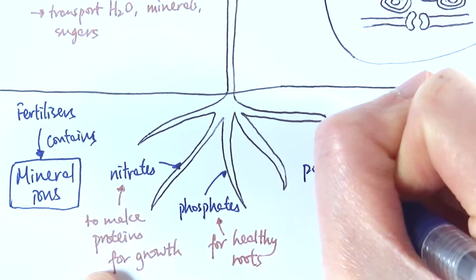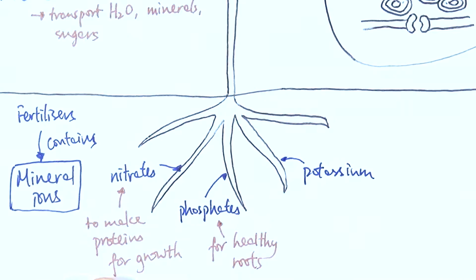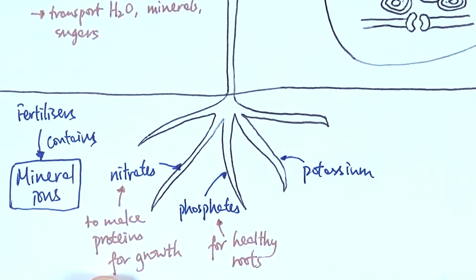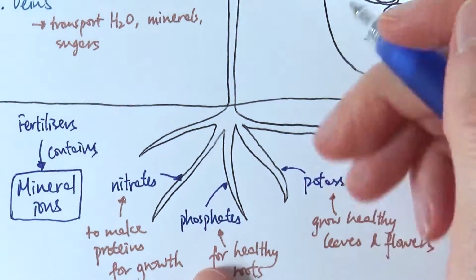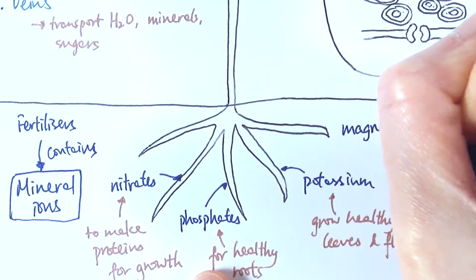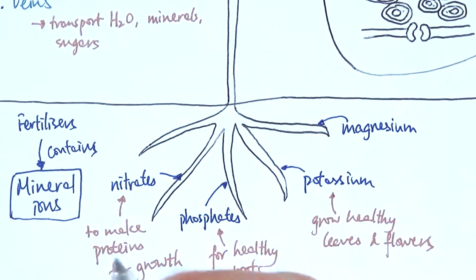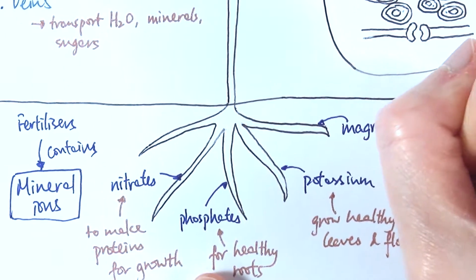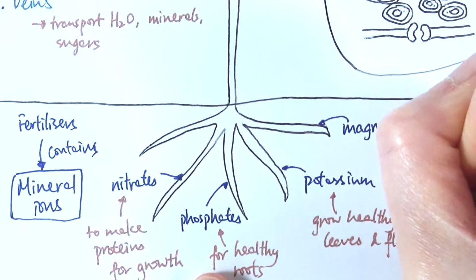Another mineral ion they can absorb is potassium ions, and potassium is very important in growing healthy leaves. The last one they absorb is magnesium, and magnesium ions are particularly important because they are crucial in making the green chlorophyll.